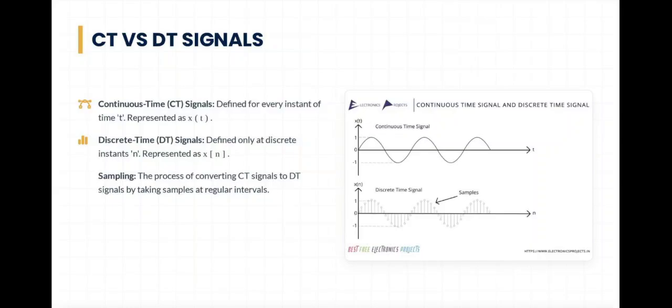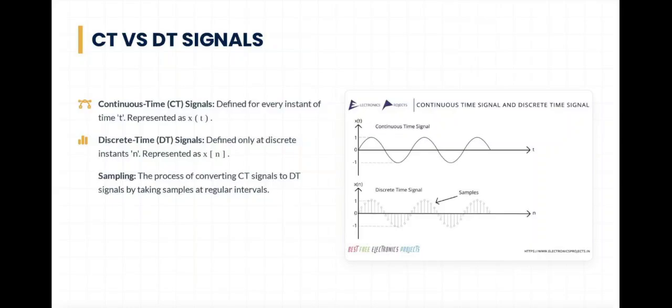So now the connection between the two is sampling. And now we have to know what sampling is. Sampling is the process of converting a continuous time signal into a discrete time signal by taking its value at regular time intervals. This step is essential when real world analog signals are processed by digital devices.